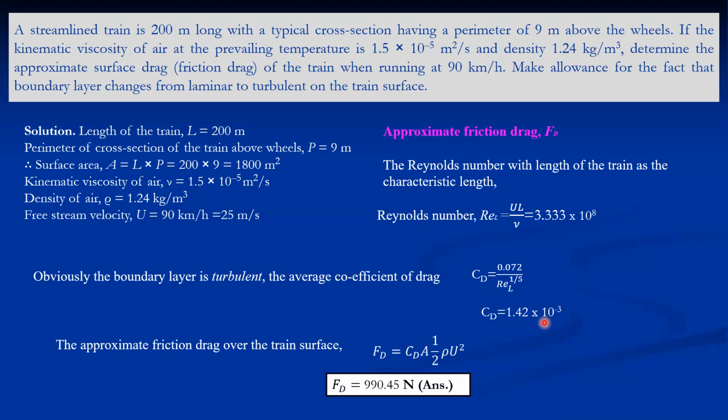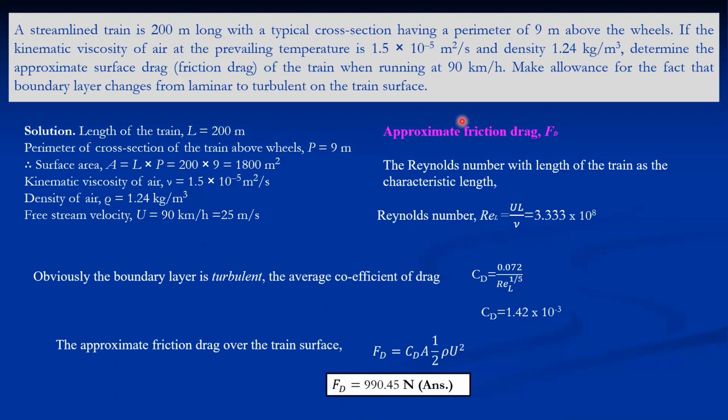So this way we can calculate the drag force, and then we can calculate the power required, or the power consumed, to overcome these drag forces. It is recommended that this drag force should be as minimum as possible, so it directly affects the power. If we multiply this by the velocity, that gives the power, which is a considerable value.